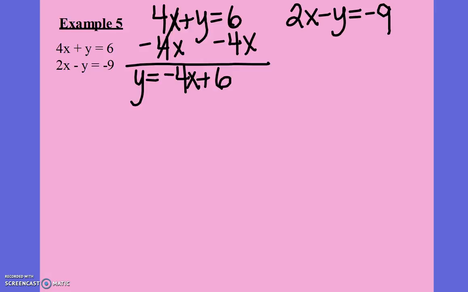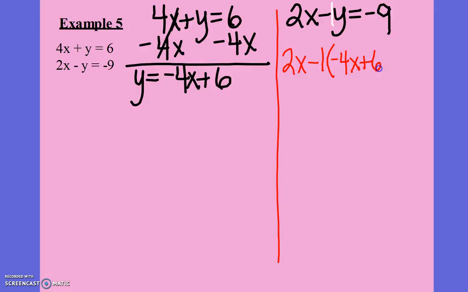This y in the second equation is understood to have a coefficient of 1. So now I'm going to take the negative 4x plus 6 and substitute it in place of the y, and that's going to give me 2x minus 1 times negative 4x plus 6 equals negative 9.